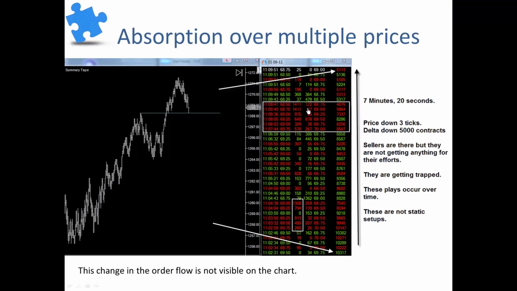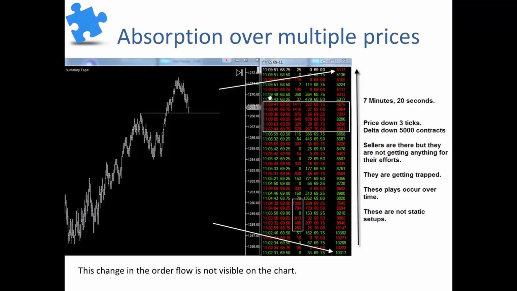So this is the bidders gradually becoming more aggressive. So overall, the sellers are outnumbering the buyers. I can see the bid side, the sell market orders, the quantity is much, much higher than the buy market orders. But at this point, they're not really getting anything for their money. They're not really moving the market much.